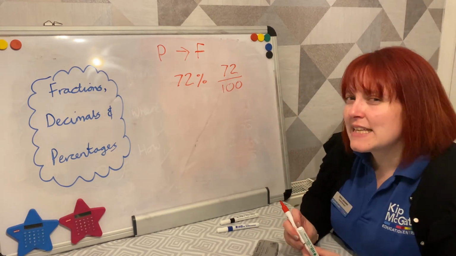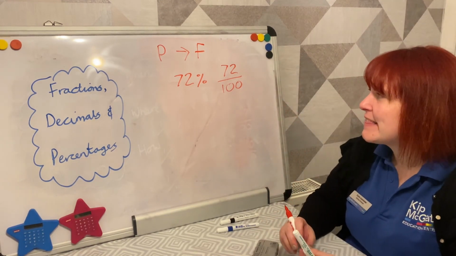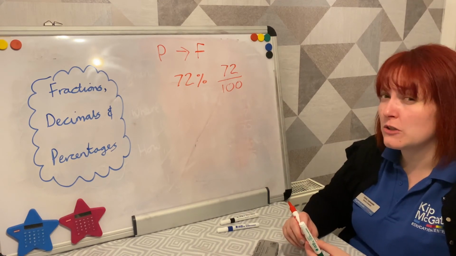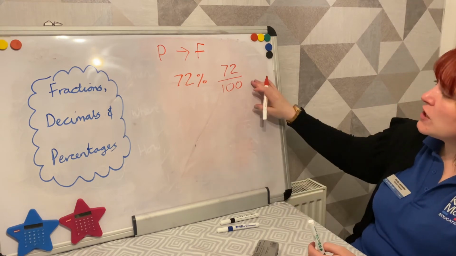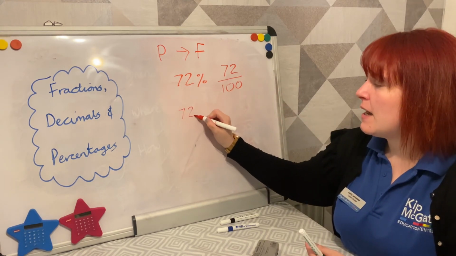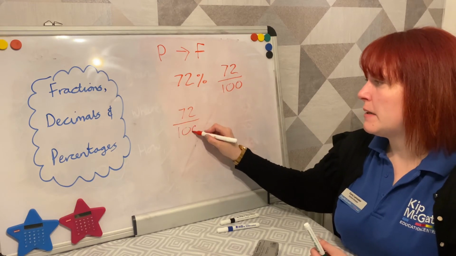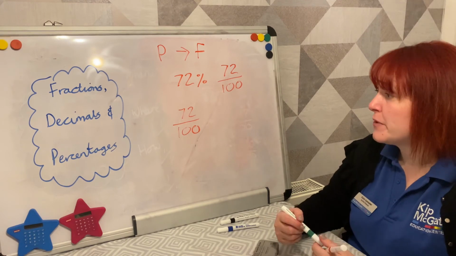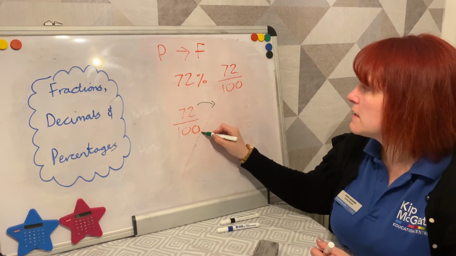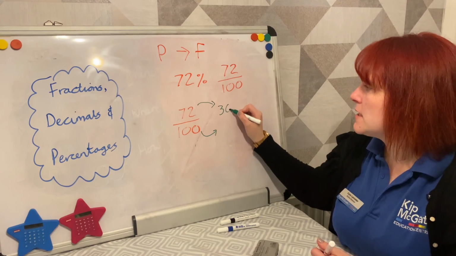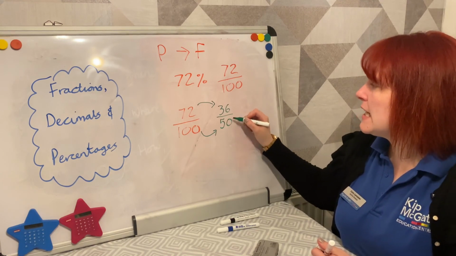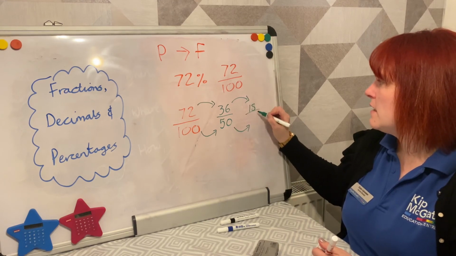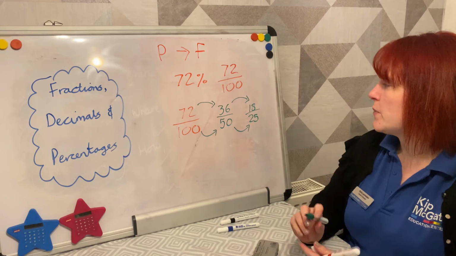However, there's always the added extra bonus that they will expect you to then simplify your fraction down to its lowest terms, okay? So we're going to have a look at our 72 out of 100 and we're going to think, okay, what can I divide that by? Well, they're both even, so easy way, let's just start by halving it. Okay, so we're going to halve both of those numbers and we're going to get 36 out of 50. Still even, so they still half. So we're going to get 18 out of 25.